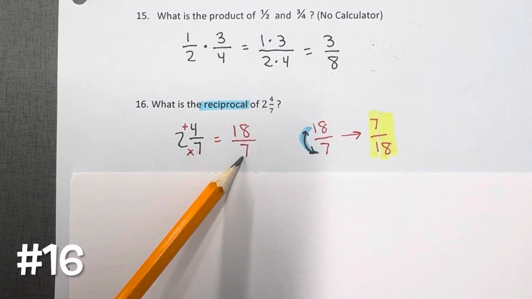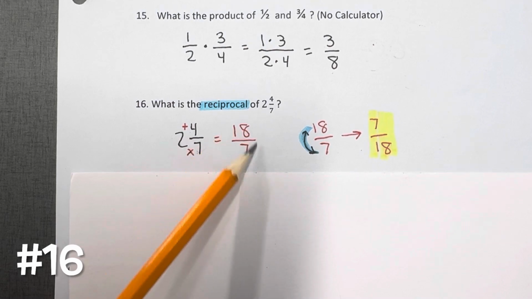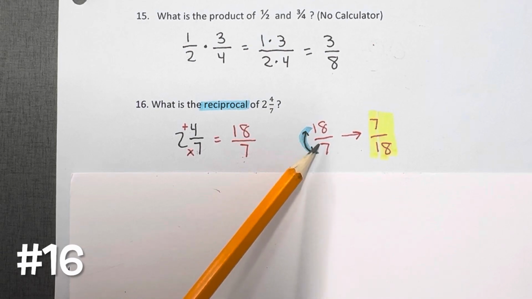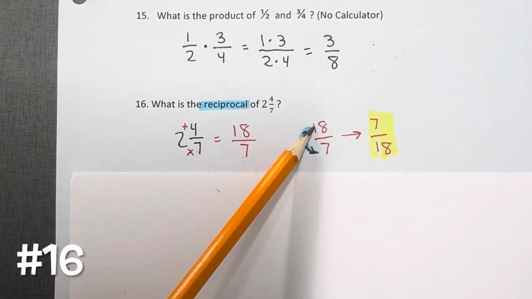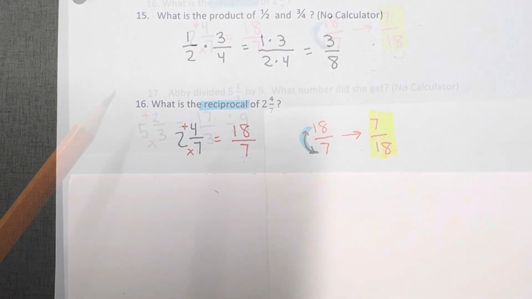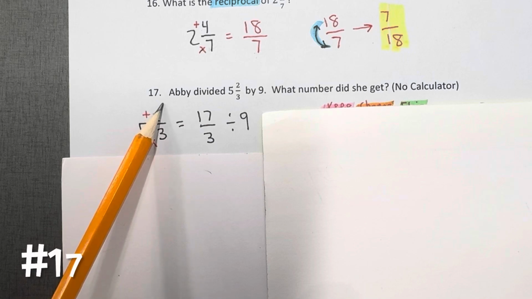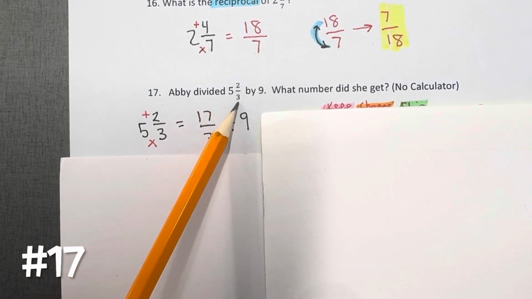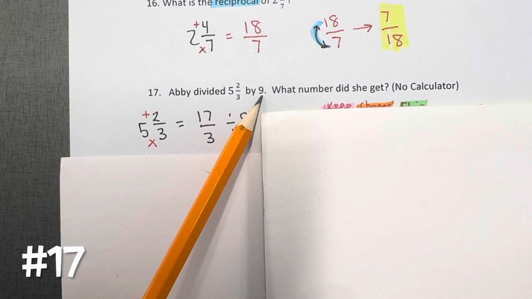Now that we have it written as an improper fraction, we can take the reciprocal of 18/7. We just flip it, which is 7/18.